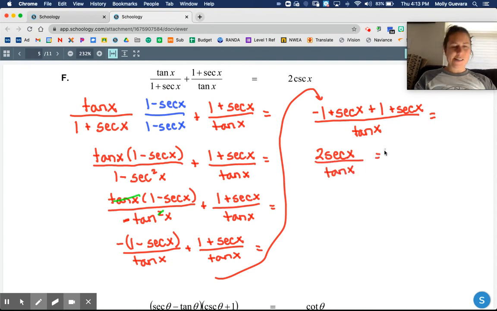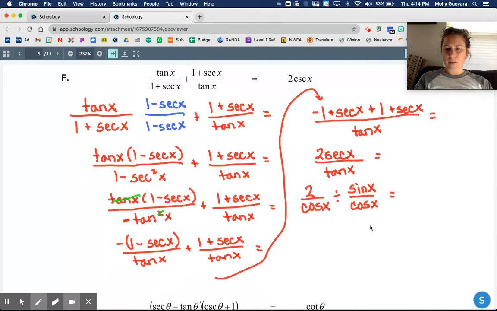So now, good news, I've gotten it to one term. That's exciting. Now I'm going to write these next to each other and maybe divide. So I have 2 over cosine, because that secant is 1 over cosine, right? Divided by tangent. Well, tangent is sine over cosine. Copy dot flip, so 2 over cosine times cosine over sine.